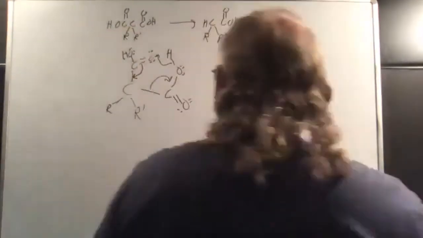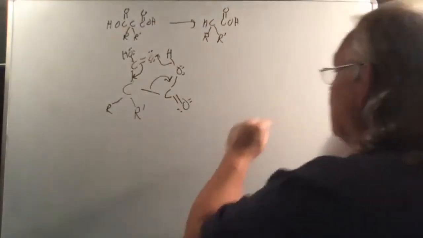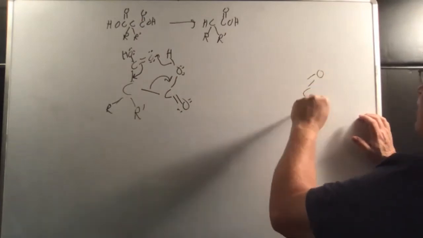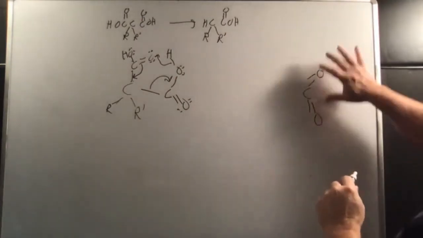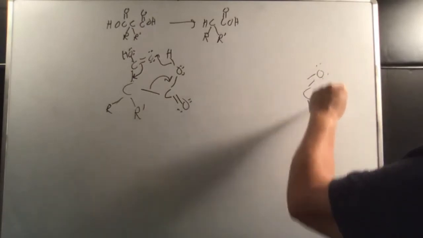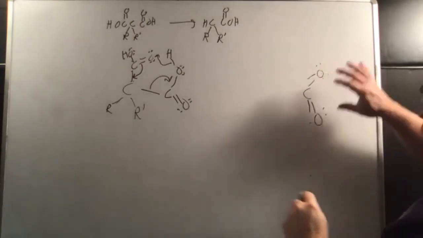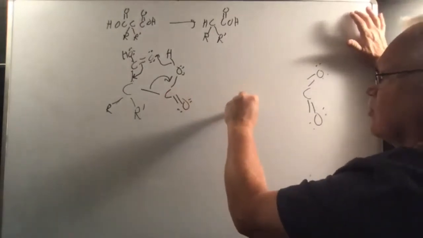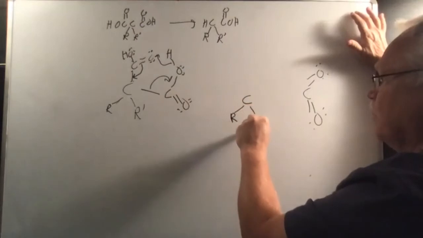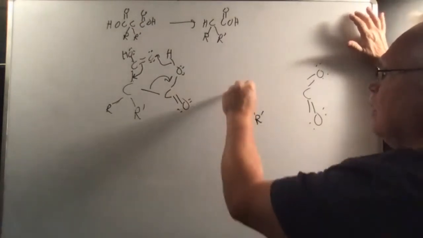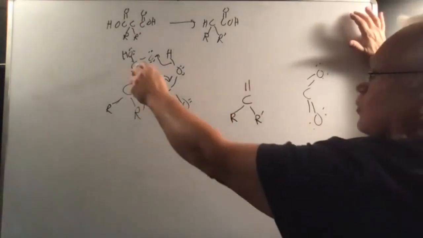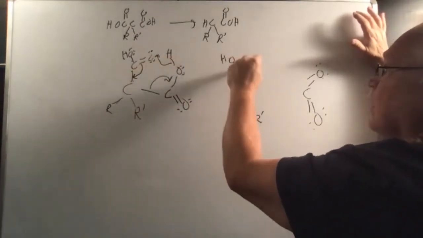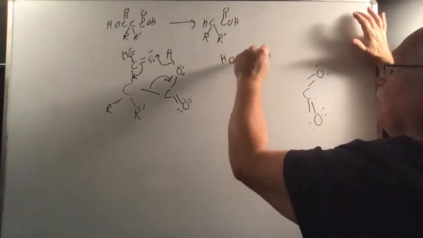Now watch what happens whenever we draw that picture. The C, and I'm just going to keep the atoms in the same configuration, even though we know that's going to be linear. There's how I lost my CO2. Now notice what's left in this picture. We have our C with our R group and our R prime group doubly bonded to the other C, which has an OH here and an OH here.